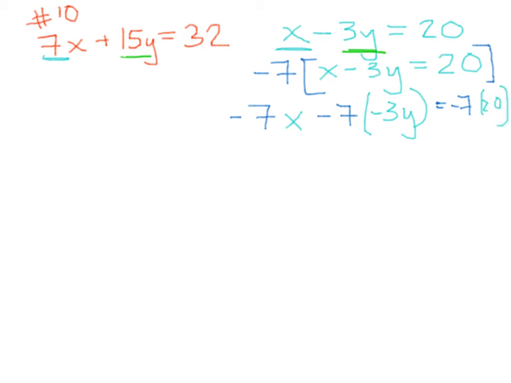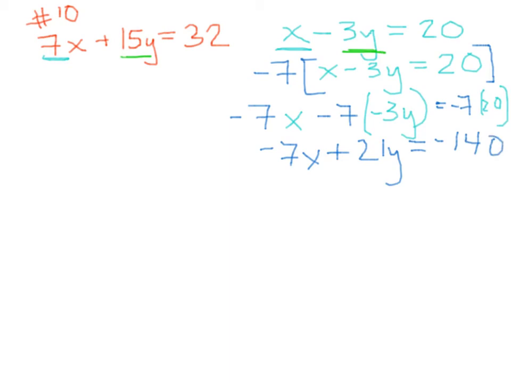When I multiply through, I'm going to end up with a negative 7x. I have negative 7 times negative 3y, which gives me a positive 21y. Be careful right there. And I have negative 7 times 20, which is a negative 140.